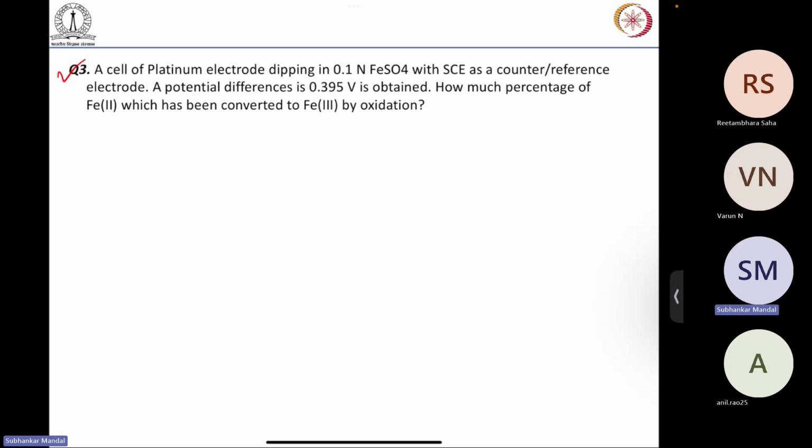Basically, in the solution you have iron 2 plus which is converting to iron 3 plus plus electron in the presence of platinum. The cell potential is given as 0.395.